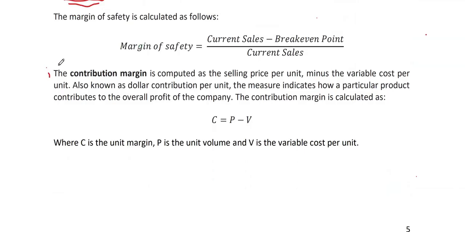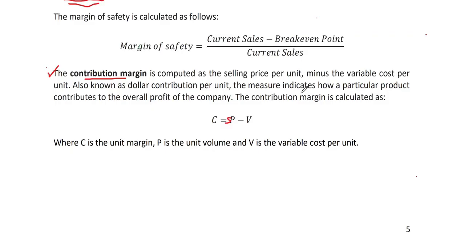Another very important parameter here is the contribution margin, guys. This is computed as the selling price per unit, SP or just P, minus the variable cost per unit. Also known as the dollar value contribution per unit.